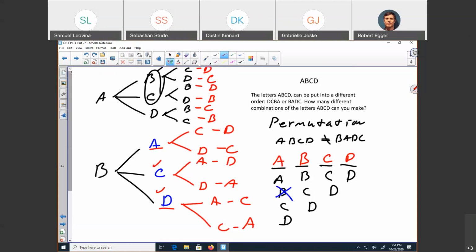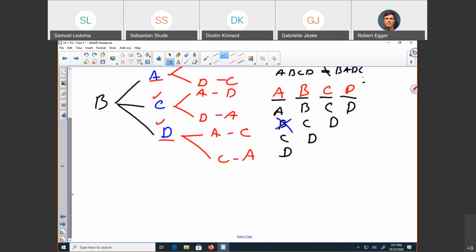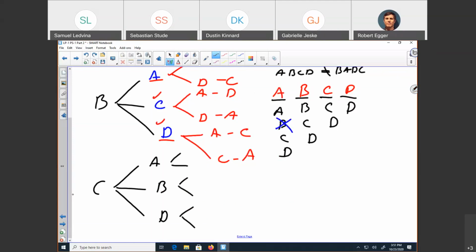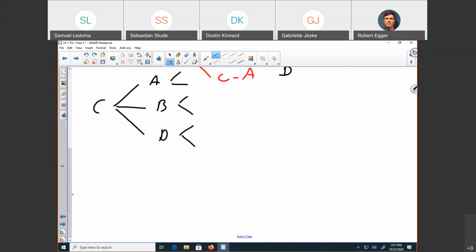And you do something similar for C, where it makes you start off with C and build off that. And for D, again, build from there and outward.